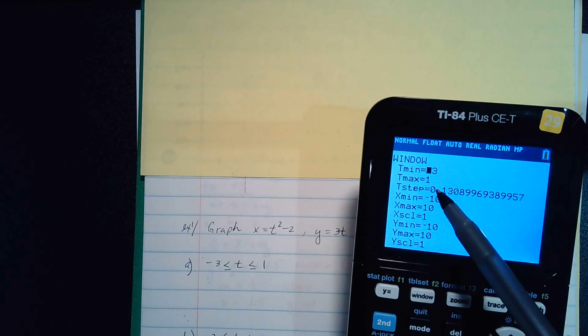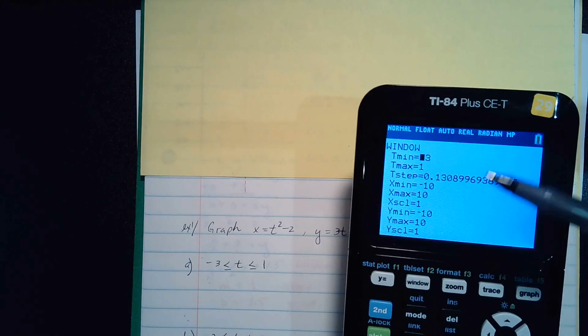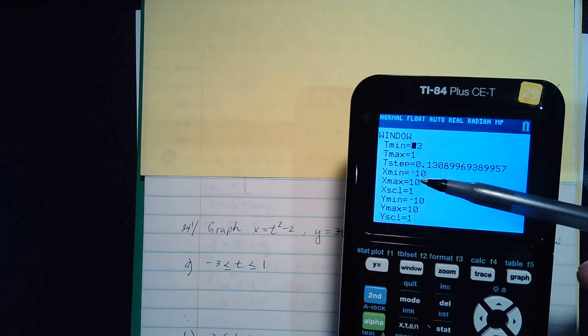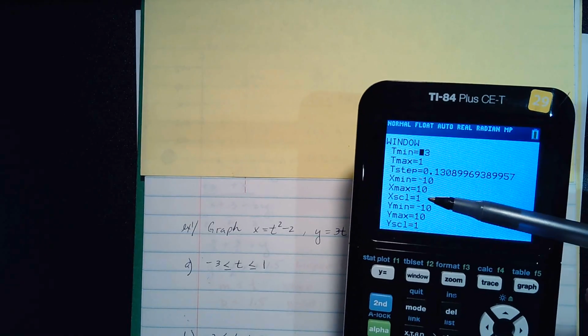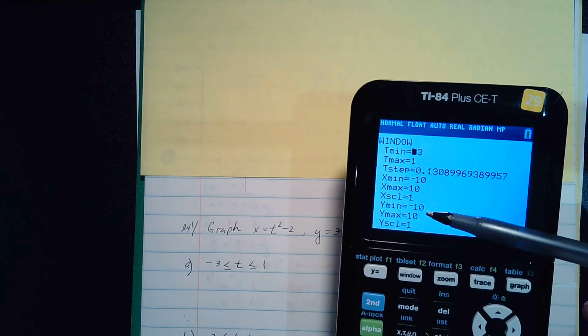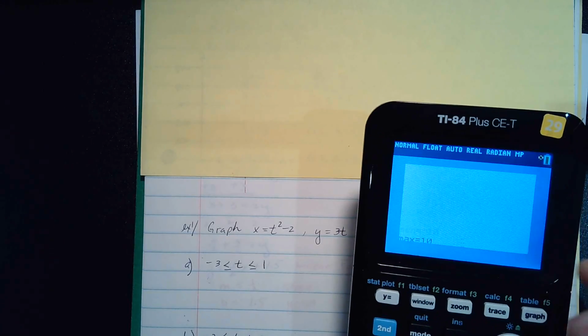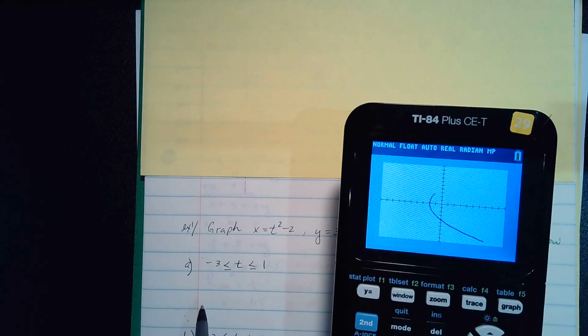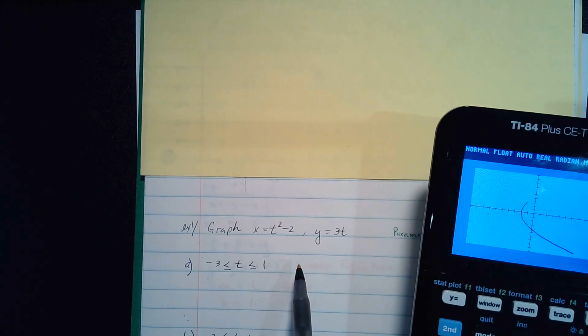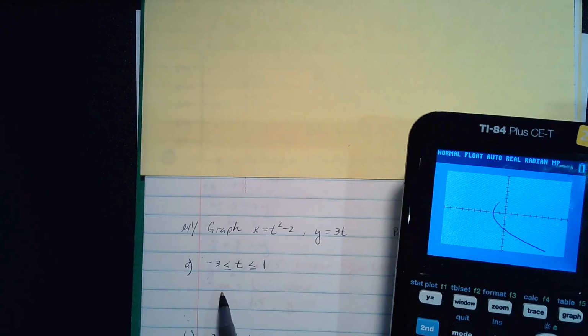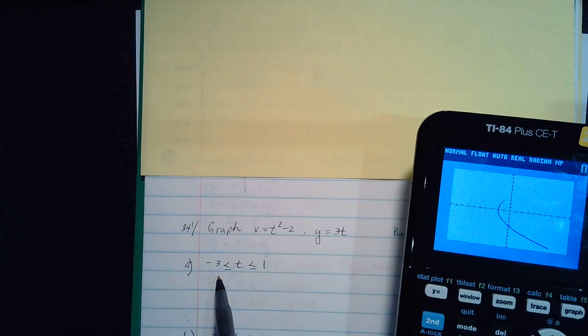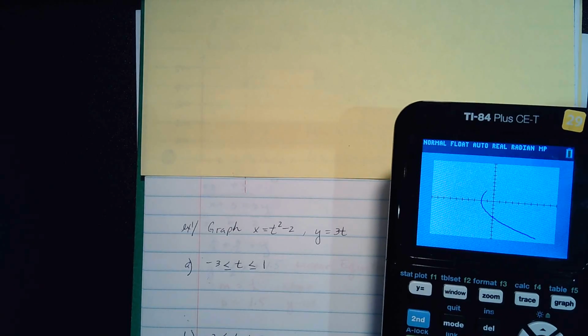So the maximum t value is 1. Just make sure you have your standard x minimum -10, x max 10, y min -10, y max 10. Okay? So when you graph it, that's the description of this parametric equation from the interval -3 to 1.